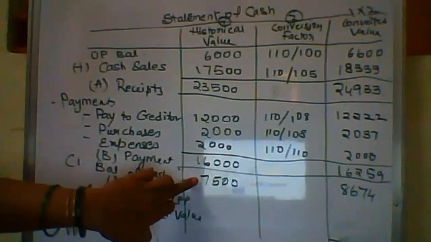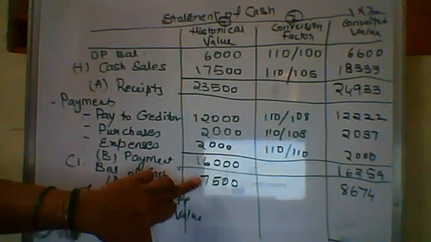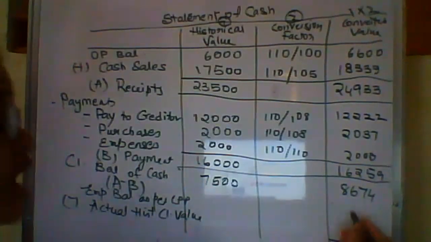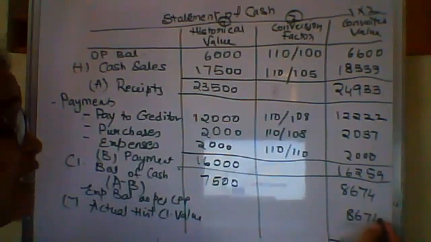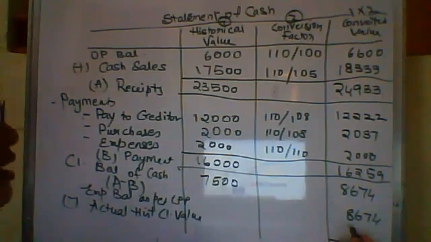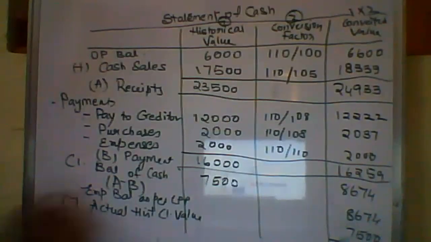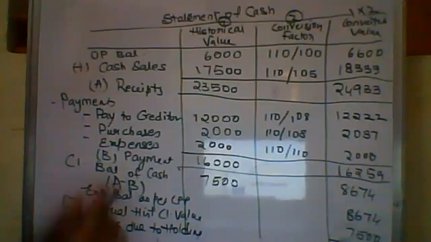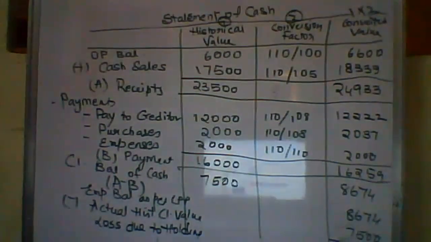Monetary assets don't change. So you would only have 7,500 cash. So you expected a balance of 8,674, but the historical value is only 7,500. It means you are getting a loss due to holding your monetary assets. So loss due to holding according to the CPP method.